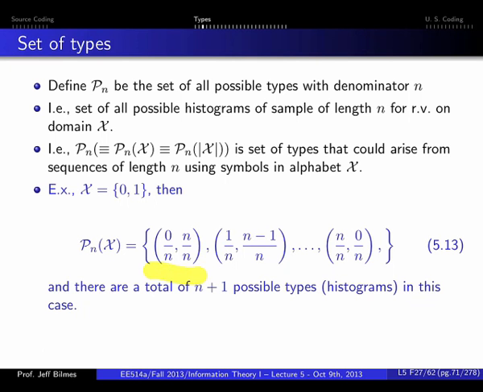The second would say 0 occurred 1 time and 1 occurred n minus 1 times. And so on up until the last one, which says that 0 occurred all the time and 1 occurred never. Those are all of the possible histograms. The denominator is always n. And just by looking at the count, there are going to be n plus 1 possible histograms, from 0 to n for the first term.